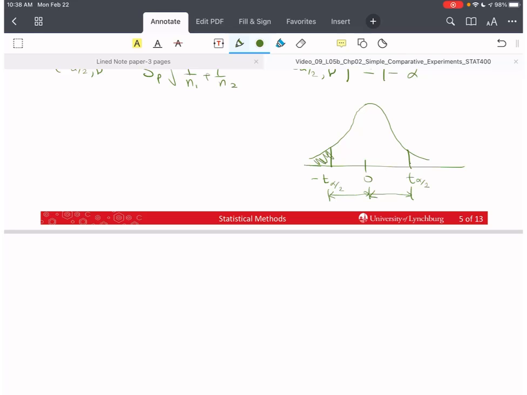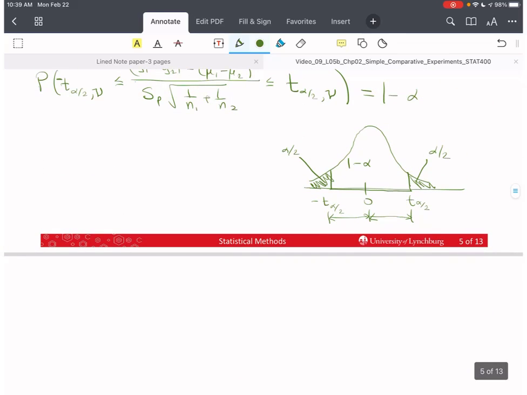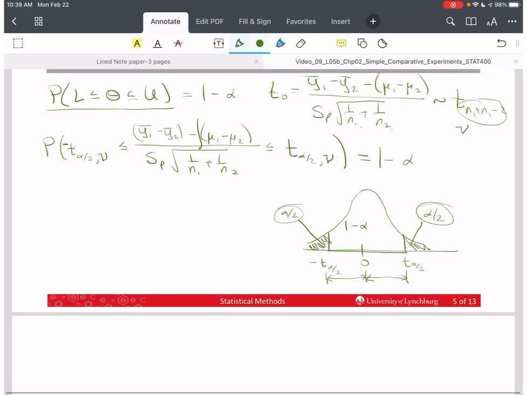Since it's symmetric, this area here and this area here are the same. So the probability of this test statistic being between these two values is 1 minus alpha. The total area under the curve has to add up to 1. Alpha over 2 plus alpha over 2 is equal to alpha, and then alpha plus 1 minus alpha is equal to 1.